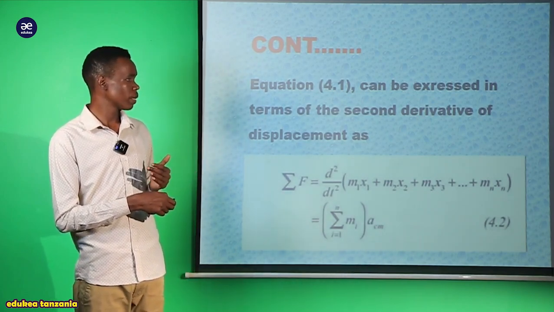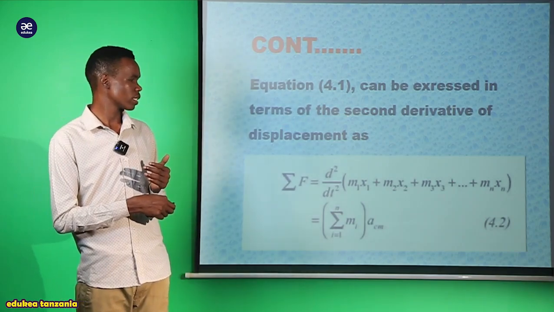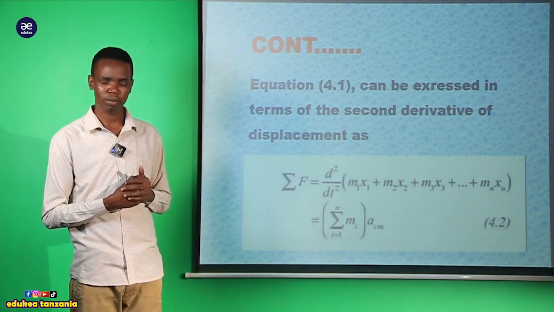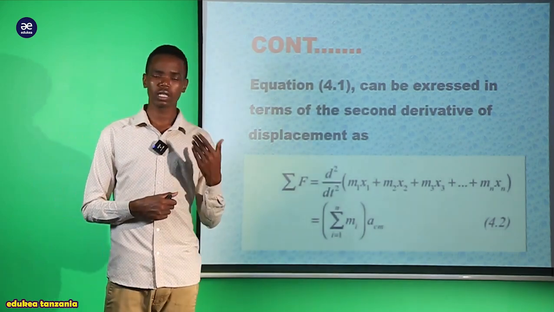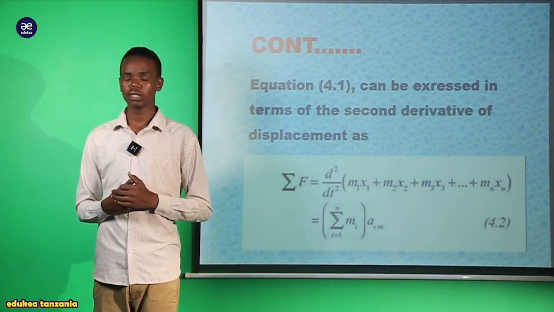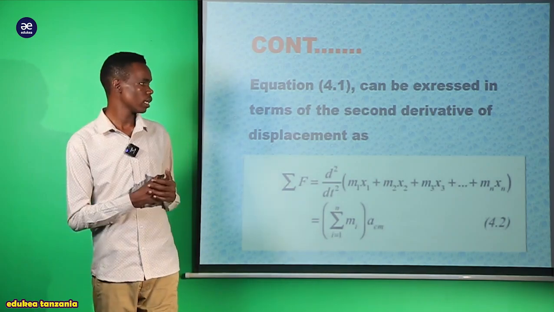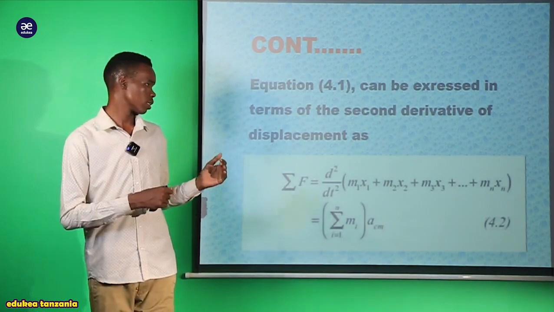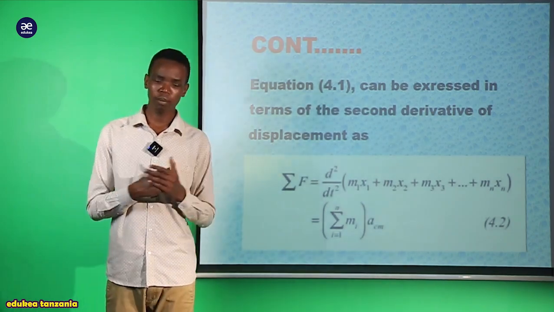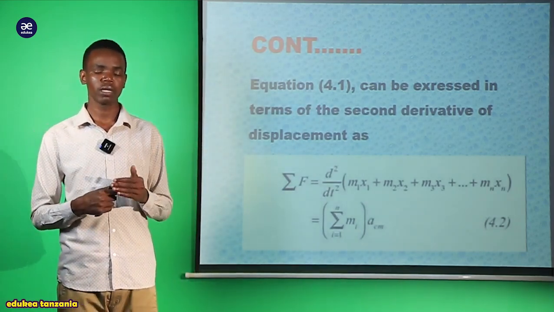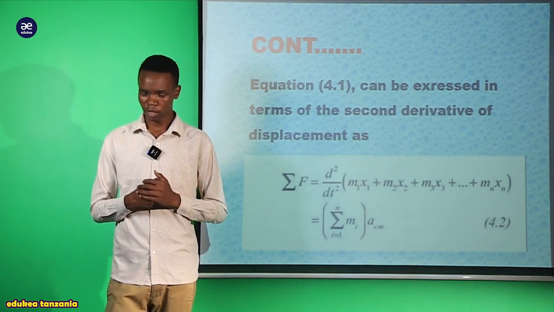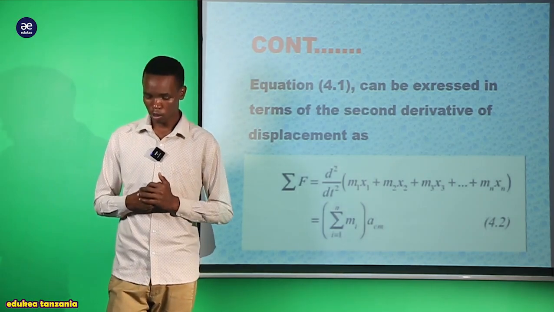This can be expressed in terms of the second derivative of the displacement. The equation we obtained is in terms of the acceleration; now we are supposed to express it in terms of the displacement, which means we use the derivative.